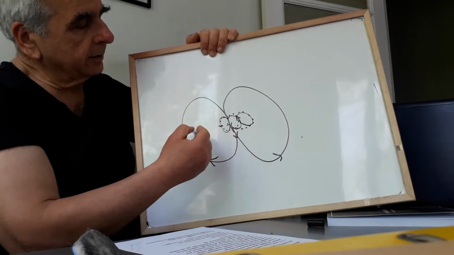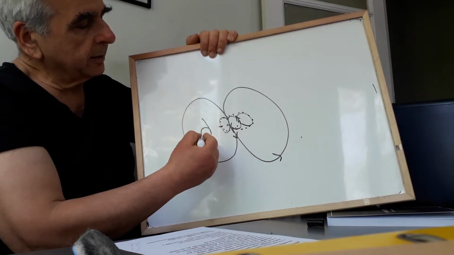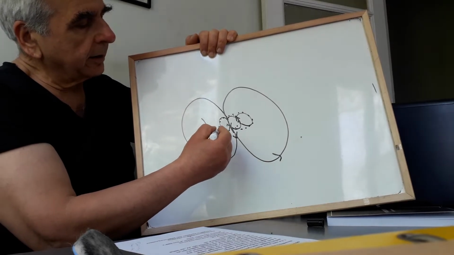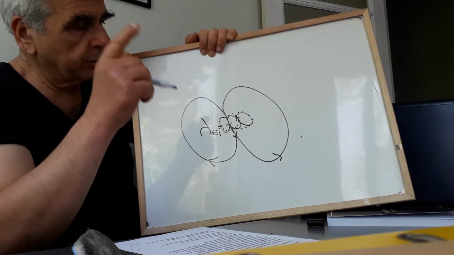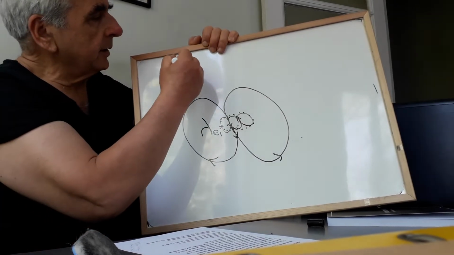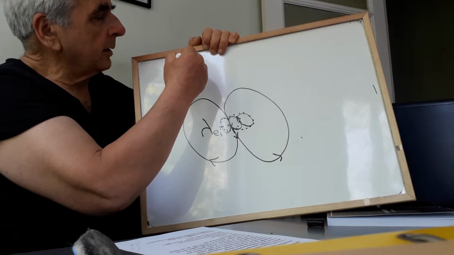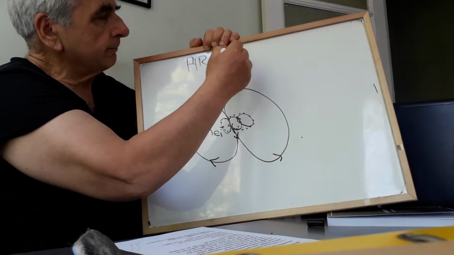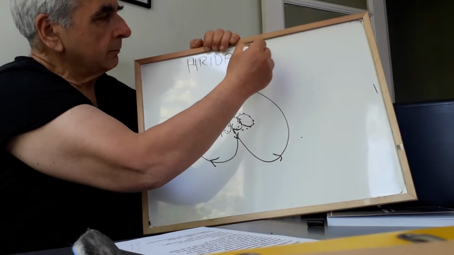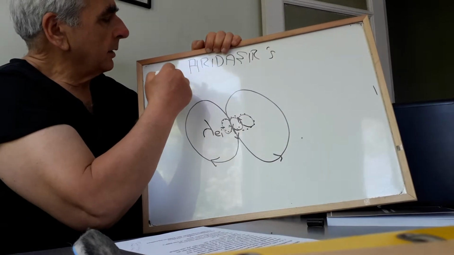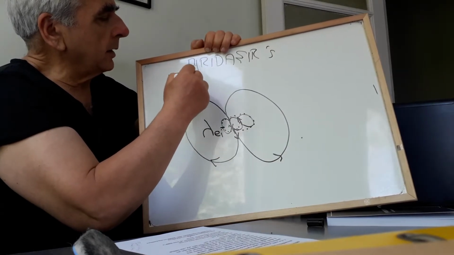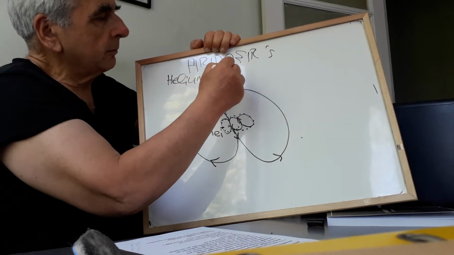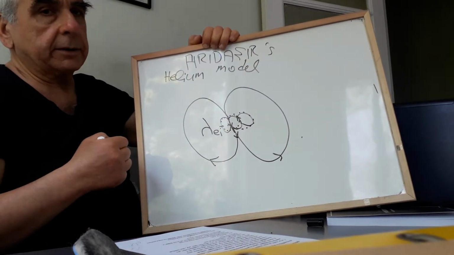And it has lambda EI. Wait a moment. This is my helium model. Okay.